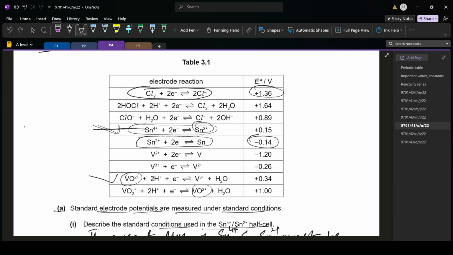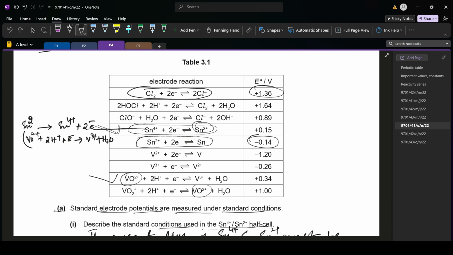So if you write the Sn2+ one, this equation will be flipped, because this is now oxidized. So Sn2+ will become Sn4+ plus 2 electrons, and VO2+ plus 2H+ plus 1 electron will become V3+ plus water.